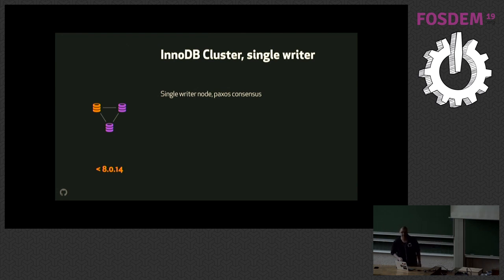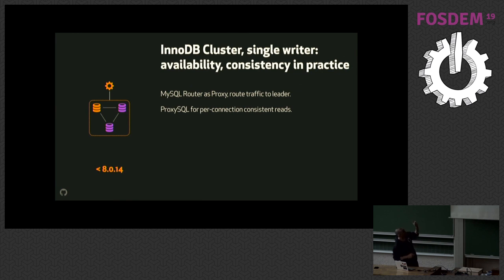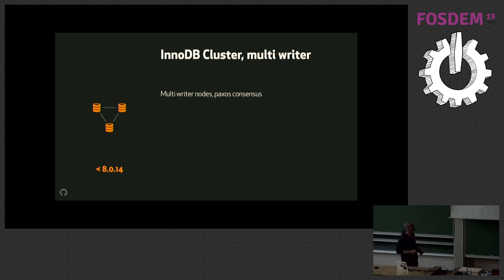Is it consistent? It is not, because InnoDB Cluster before 8.014 only guarantees, much like semi-sync, that the data gets durable on another node, but not necessarily applied. Of course, you can put a proxy and route all queries to the leader and get very, very good consistency. But CAP-wise, it's neither.